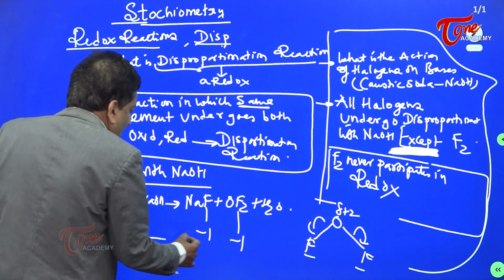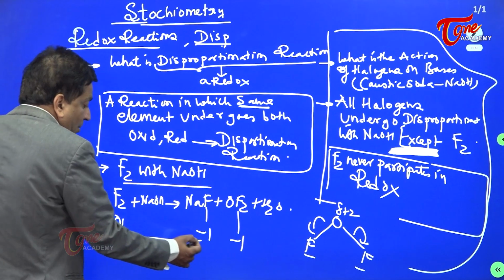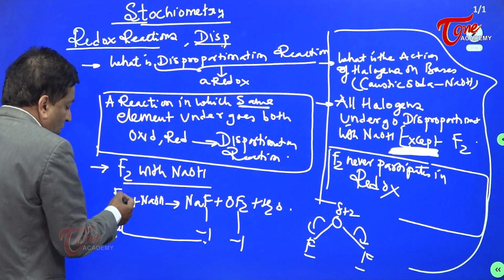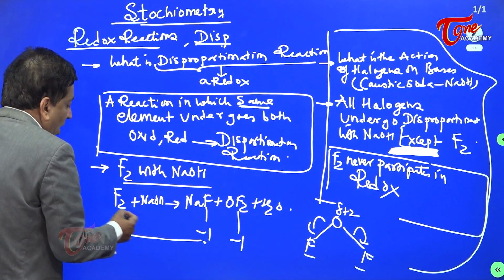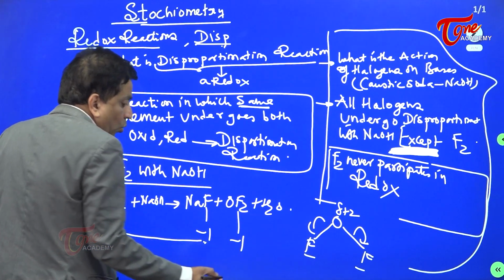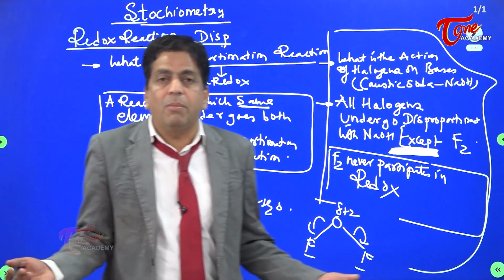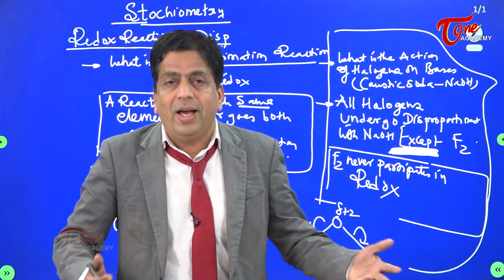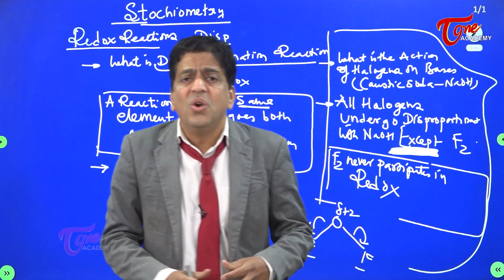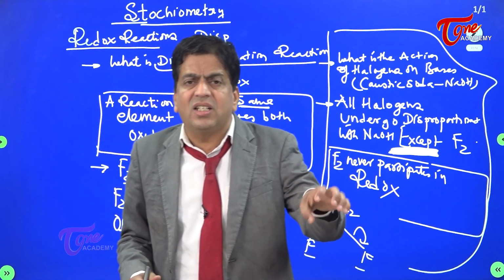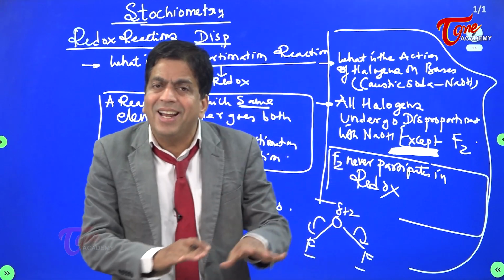So 0 becoming -1, 0 becoming what? -1. You must understand, so where is the question of oxidation and reduction? Fluorine's oxidation number is decreased from 0 to -1, so fluorine is getting reduced.